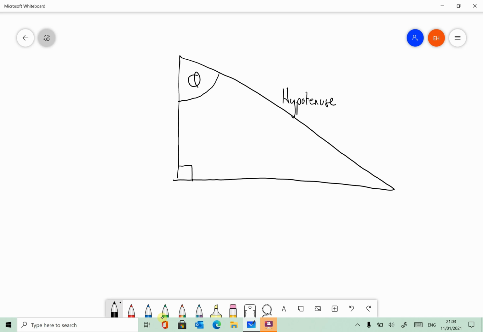Well then, the opposite this time will be down here. And therefore the adjacent will be over here. We happy enough with that? Okay, so you need to be able to spot the opposite, the adjacent, and the hypotenuse. You need to be able to do those three things.